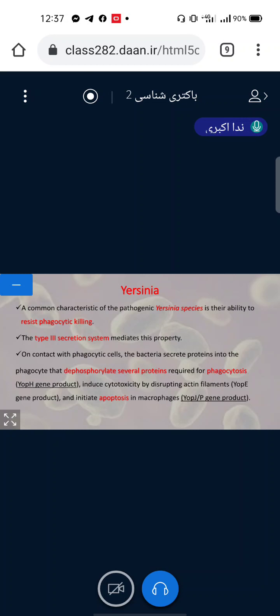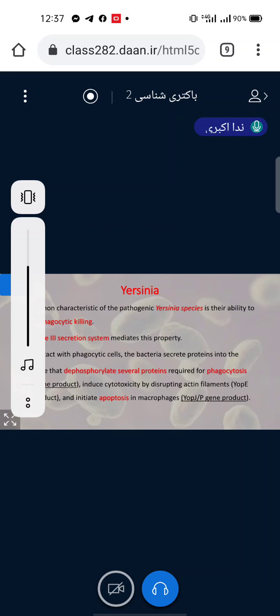By phagocytic cells, you kill all bacteria and viruses, but these bacteria are resistant to phagocytic cells. The type 3 secretion system mediates this property.